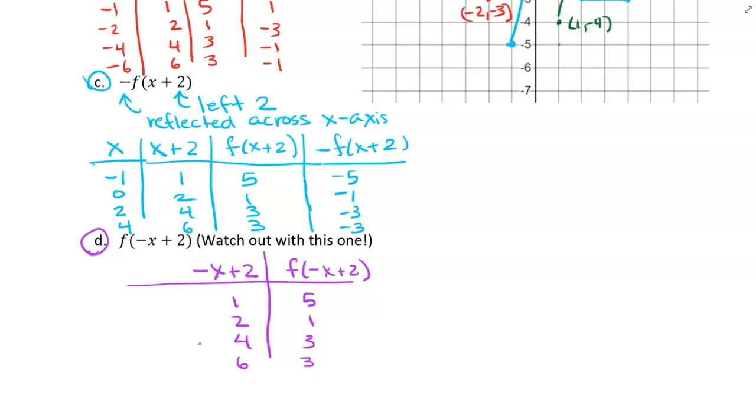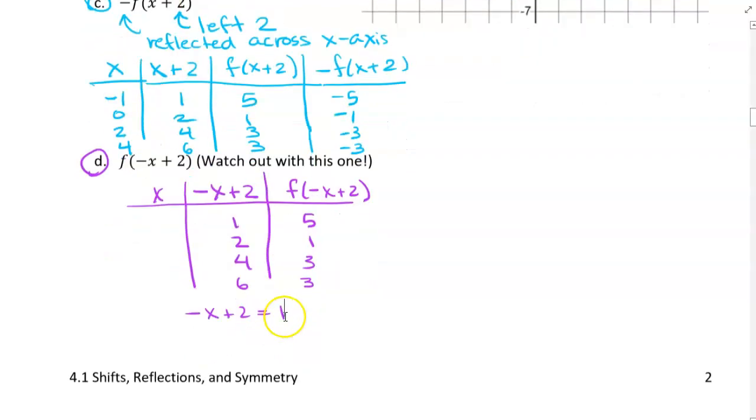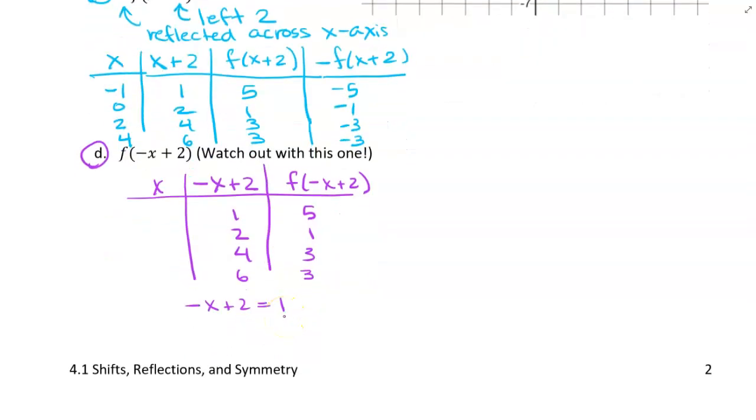All right, so now we have to think about, okay, what x value will give us a -x plus 2 of these values, these 1, 2, 4, and 6. So all we need to do really is just say, okay, what x value am I looking for? I have -x plus 2 is equal to 1, right? So -x is equal to -1, so then x is equal to 1, right?